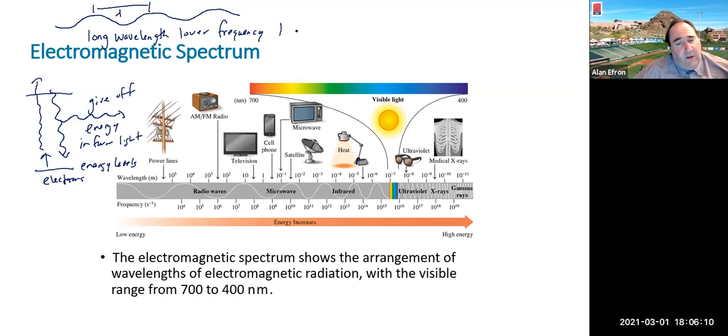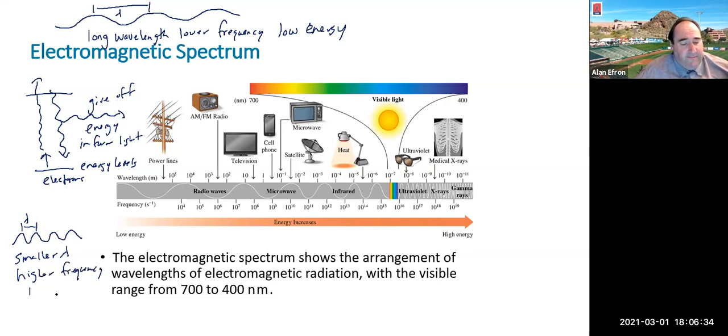And it has a low energy associated with that. And that's different than if we have a much smaller wavelength, like so. Wavelength here is definitely much smaller. When we have a smaller wavelength, we usually have a much higher frequency. And what that results in is higher energy.